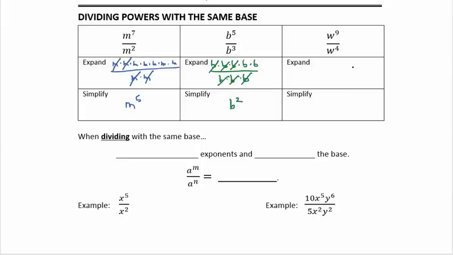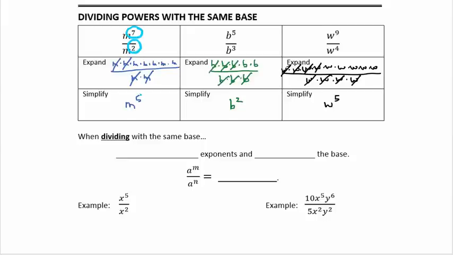And then my last one, w to the 9th, so that's 9 w's on top, 5, 6, 7, 8, 9, and then 4 w's on the bottom. And I'll start canceling and cancel 4 on the top and the bottom, and I have 5 w's left, so w to the 5th.